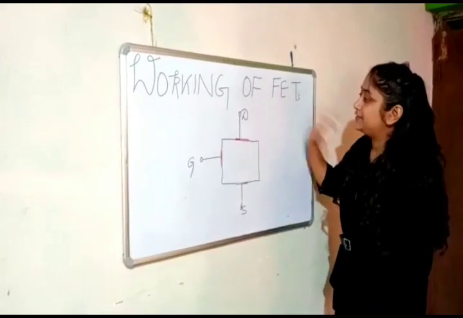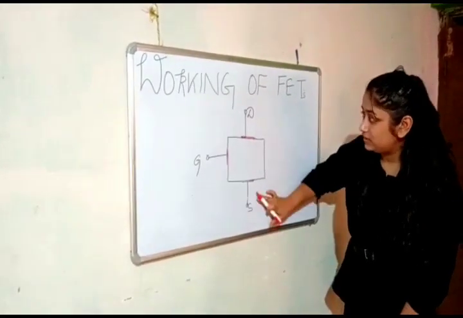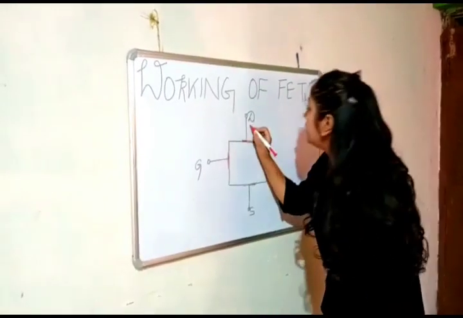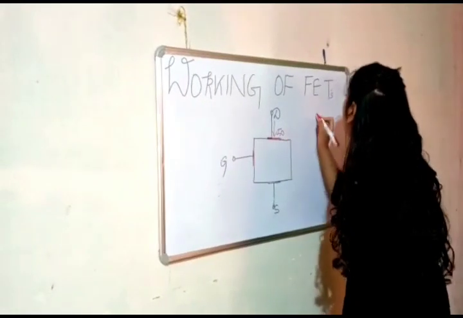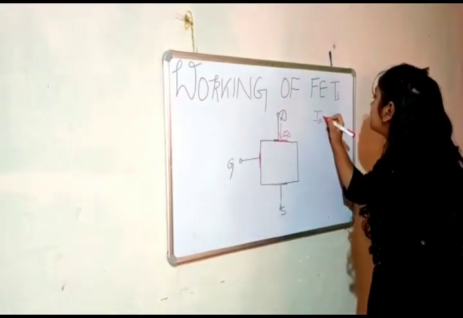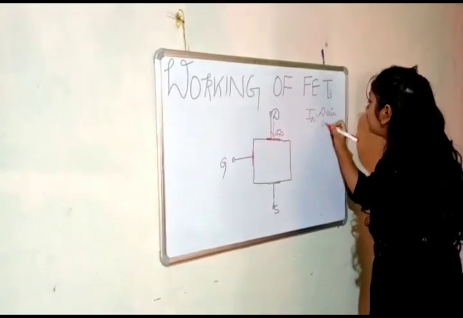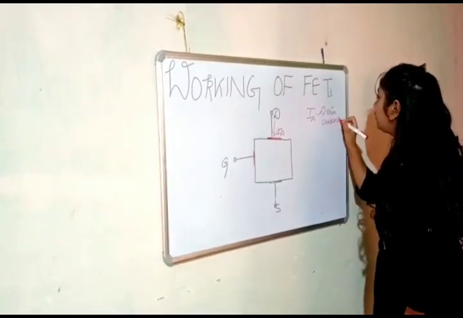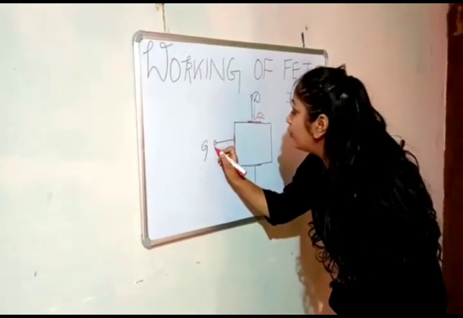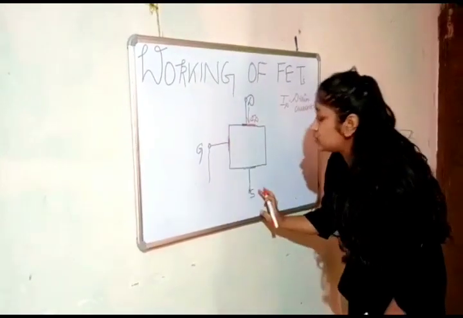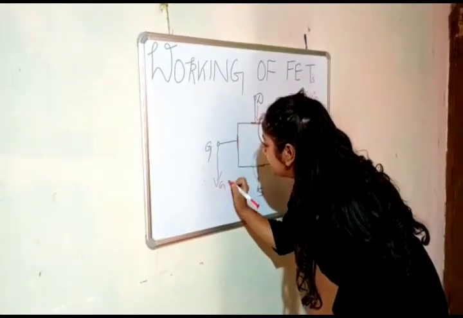Working of FETs. In FETs, current flows between the drain and the source terminal, and this current is denoted by ID, the drain current. This current ID can be controlled by applying voltage between the gate and the source terminal, denoted by VGS.